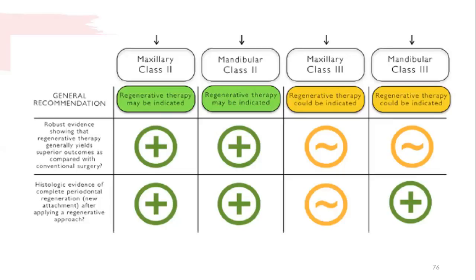From the histological concept, the evidence of complete periodontal regeneration is very obvious after application of the regenerative approach. In class 3 furcation involvement, regarding maxillary and mandibular molars, regenerative therapy could be indicated. But in lower molars, there is evidence of complete periodontal regeneration after application of the regenerative approach.